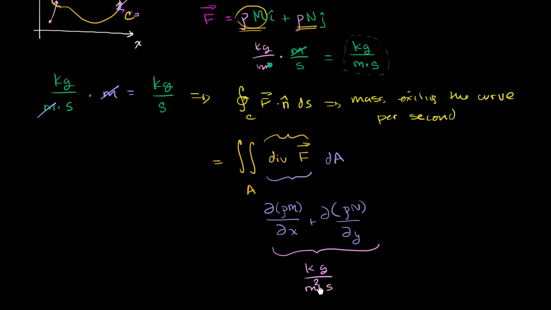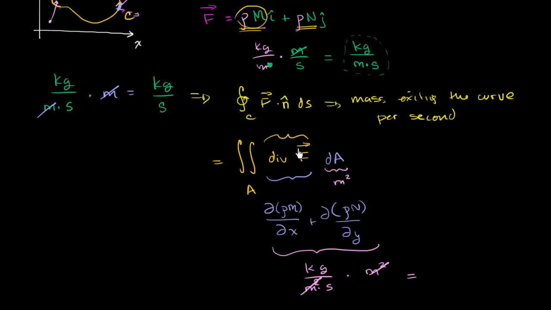So you're going to have another meter in the denominator. And then you're multiplying it times an area, so that would be meter squared. That's right, this is square meters.